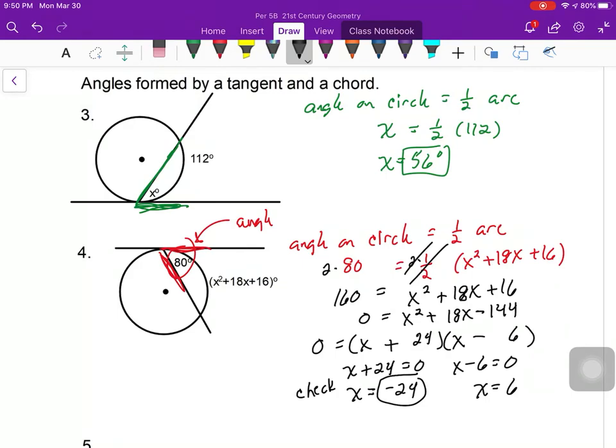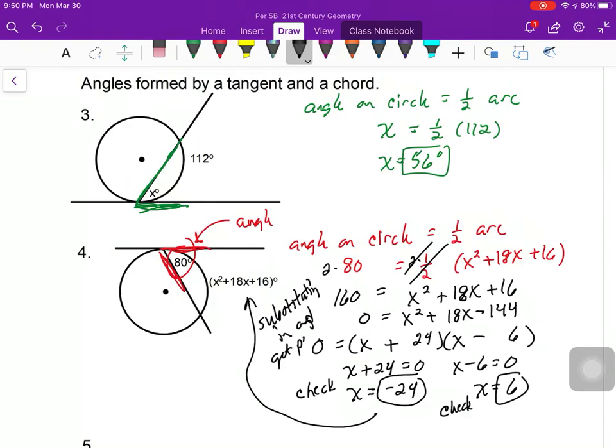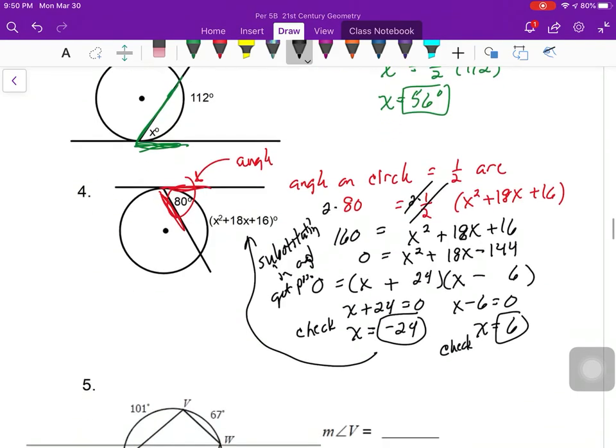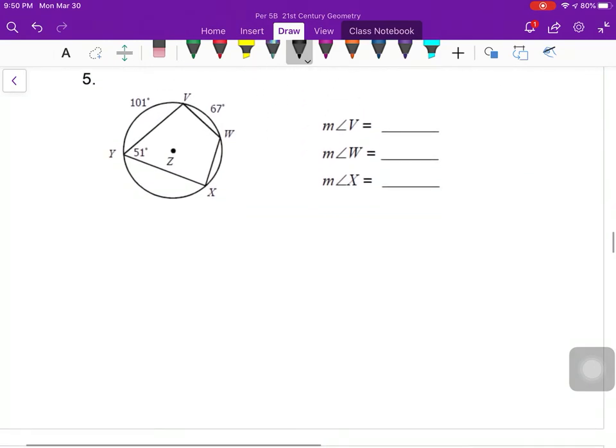If I put the 6 in, 6 squared plus 18 times 6 plus 16, yep, that one checks too. And we check them by substituting in, and we get a positive answer.